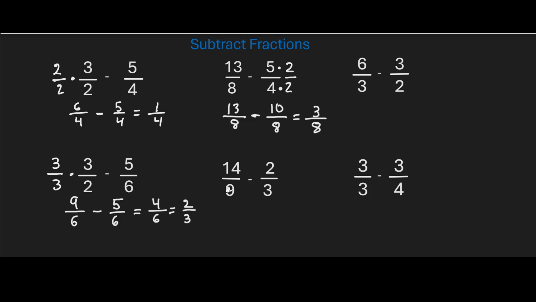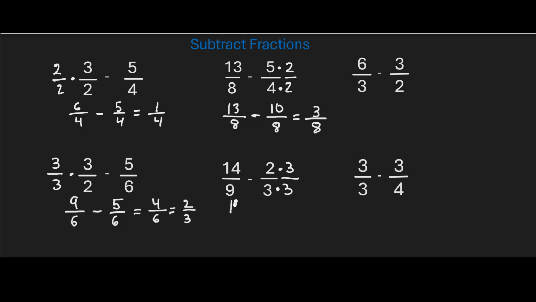Well, if we move on and do the next one, we're going to be multiplying the fraction that is on the right side. And to get 9, we're going to be multiplying 3 times 3. Okay, so I'm going to bring this down.